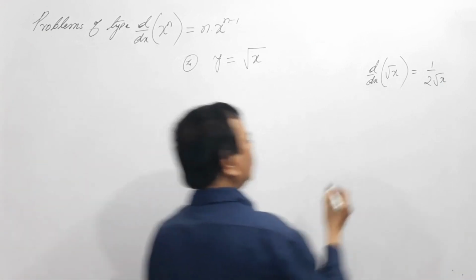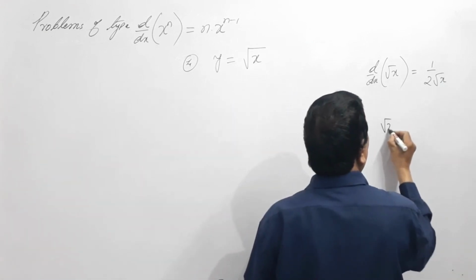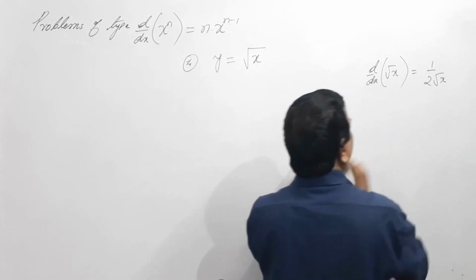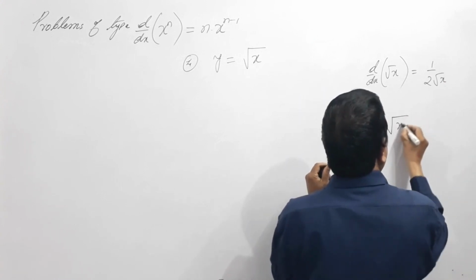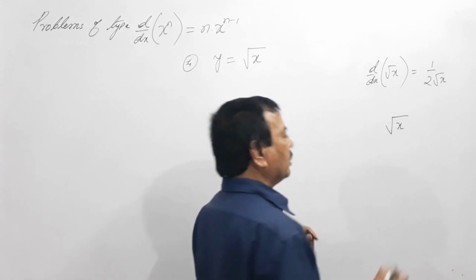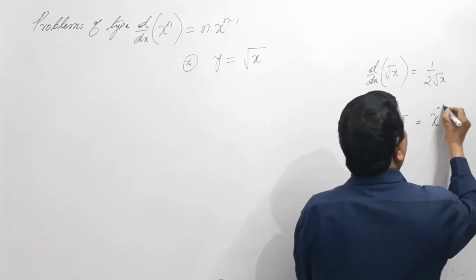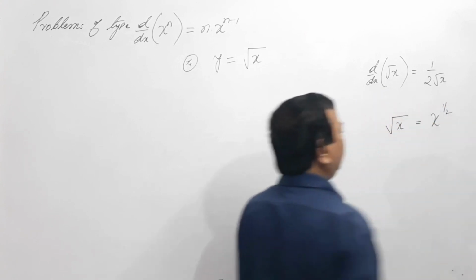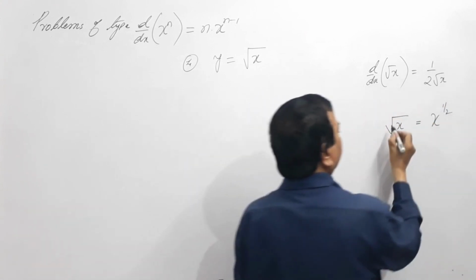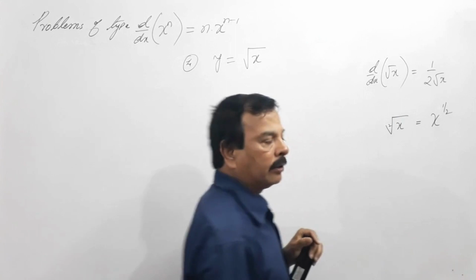See now, root x is nothing but square root. Square root is nothing but x to the power of half, because this is nothing but square root.